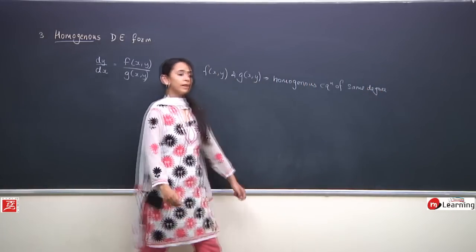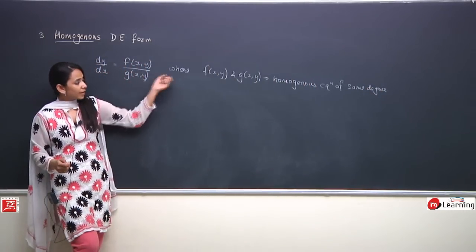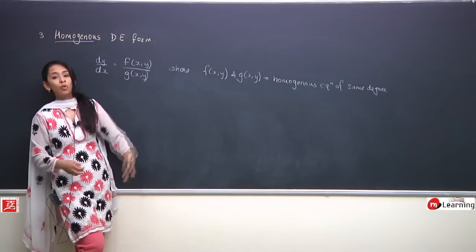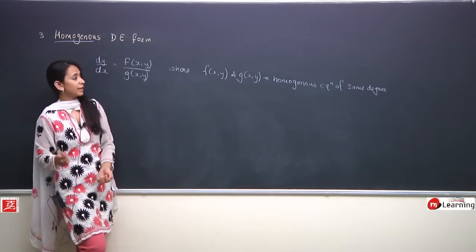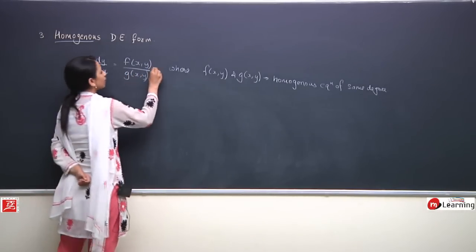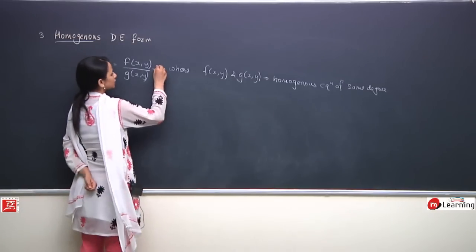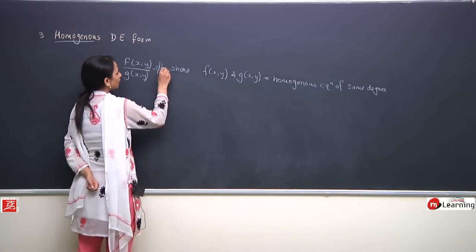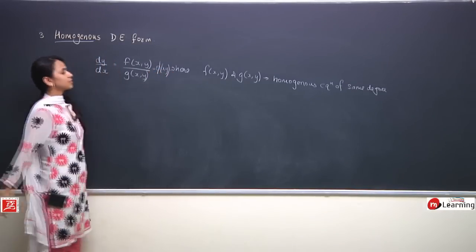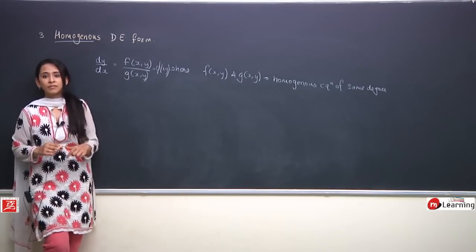So what we are getting from here is that we have dy by dx equals f of x, y upon g of x, y, where f and g are homogeneous equations of the same degree. What does this mean? This means if dy by dx, which is equal to f of x, y upon g of x, y, I say this is equal to some function phi of x comma y, then this phi of x comma y is a homogeneous differential equation.